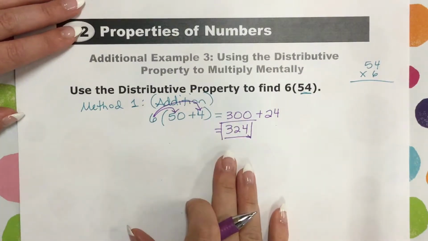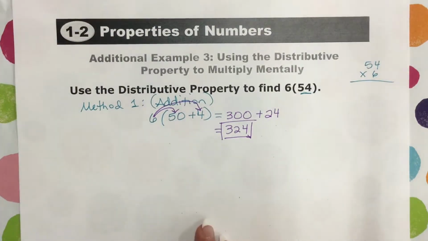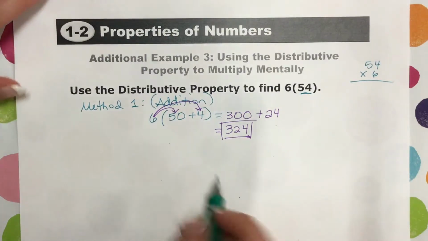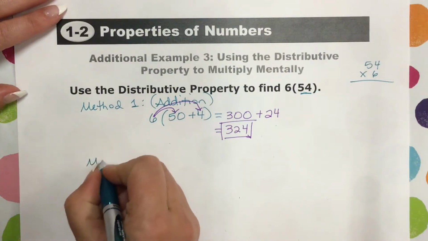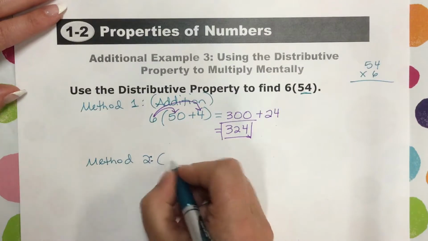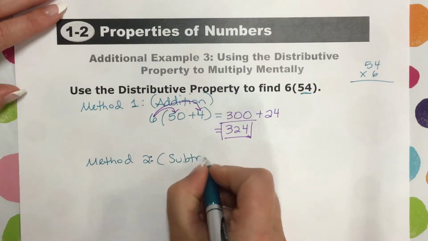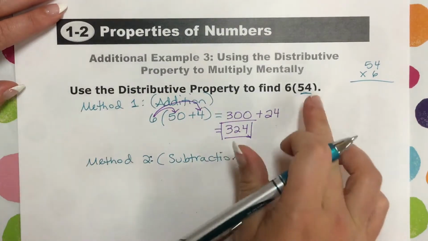So just a different way to use the distributive property to break this number up to get the answer. Now let's go over what method 2 is. Method 2 is actually using subtraction. So we can rewrite this number 54.